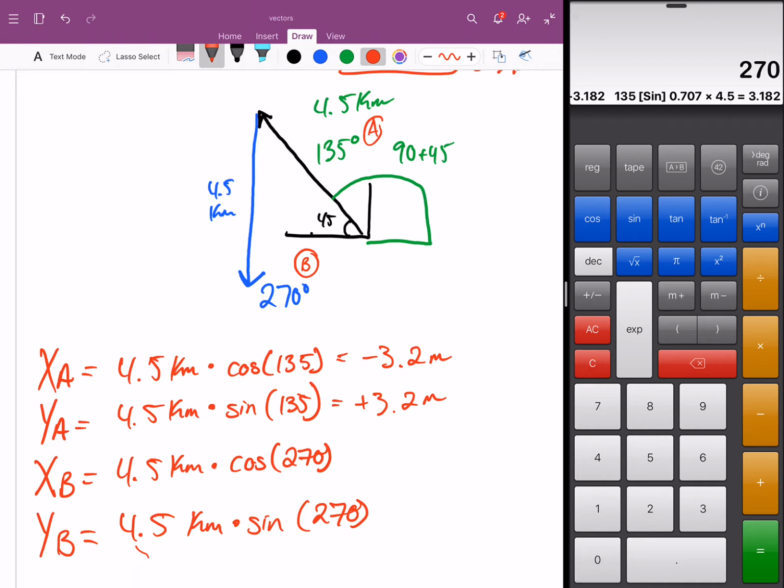Now for XB, 270 cosine times 4.5 equals 0. And YB, 270 sine times 4.5 equals negative 4.5. And these are all kilometers.